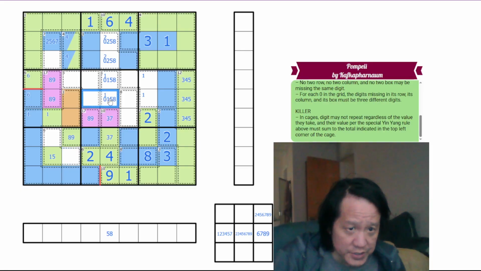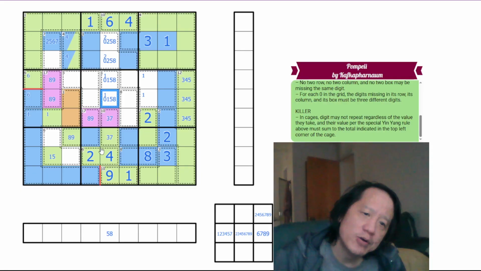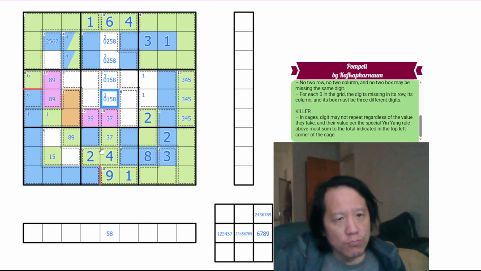One of these is not, but it could be here. Yeah, this is looking like a good assumption because it's not leading to contradictions at all.